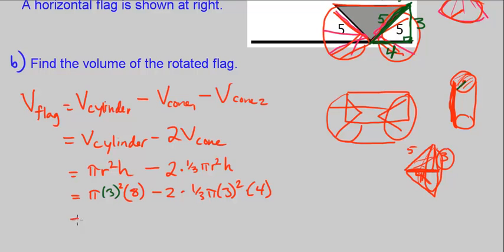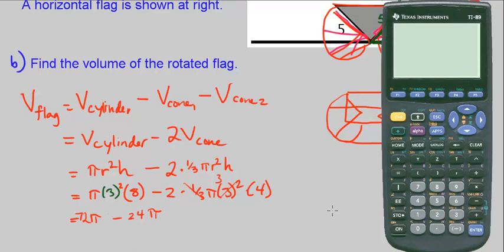All right, so that's just pi times 9 times 8. 9 times 8 is 72, so that's 72 pi, minus 2 times 1/3. 1/3 times 9, right? 3 squared is 9. So 9 times 1/3 is just 3. 3 times 4 is 12. 12 times 2 is 24. So minus 24 pi. Let me make sure I'm doing this right. Let's just put it in a calculator.